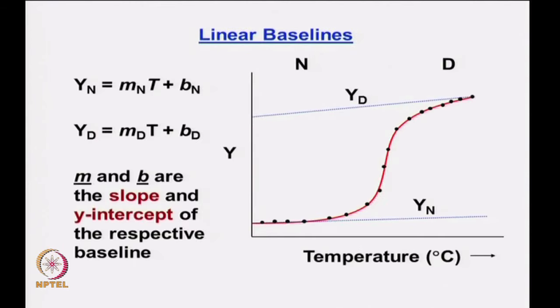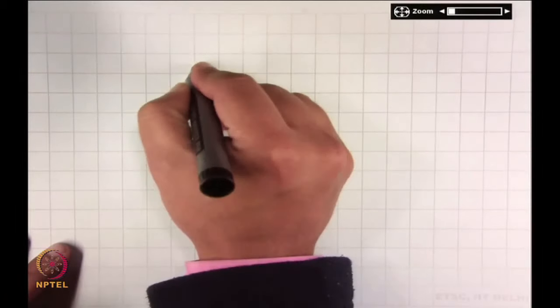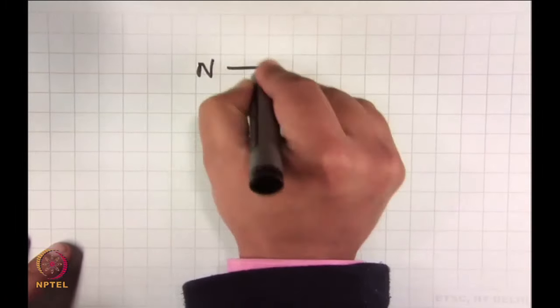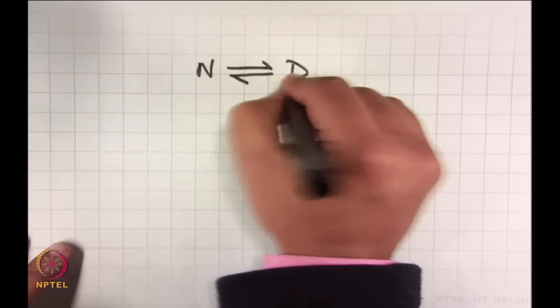Okay. So, before going to the relevant thermodynamic equations, keeping this in mind, let us look at some basic equations. What we are looking at is the protein going from the native state to the denatured state.